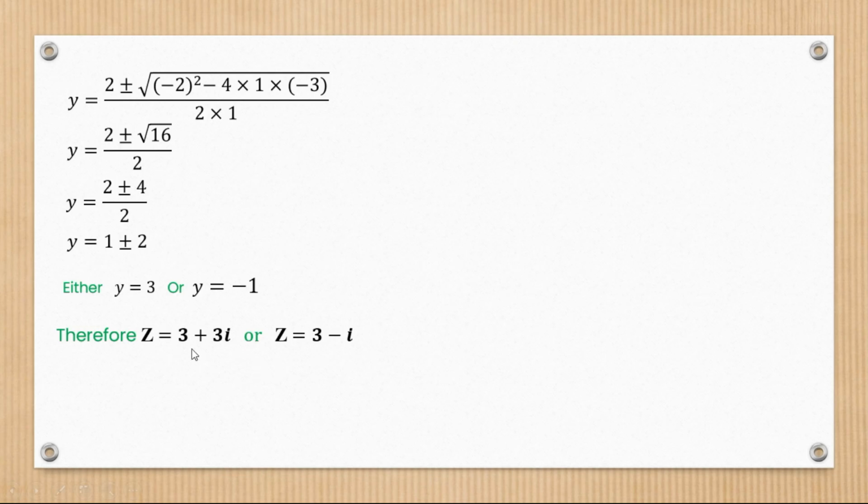Now we'll have two different values of z because y has two different values, but of course x stays the same. So I have x as 3 and y as 3, and then I also have x is 3 and y is equal to -1. So there will be two values of z, and hence we've solved the problem.